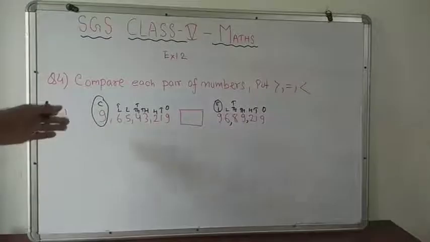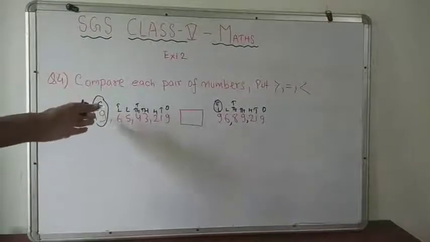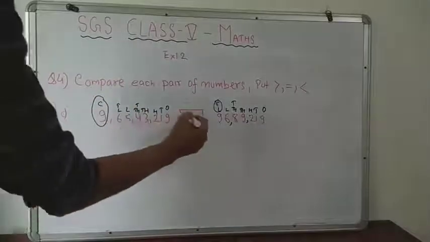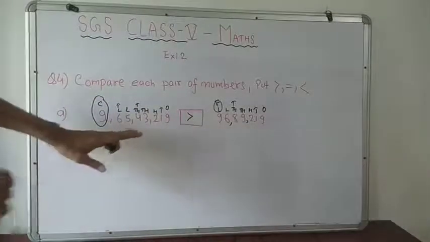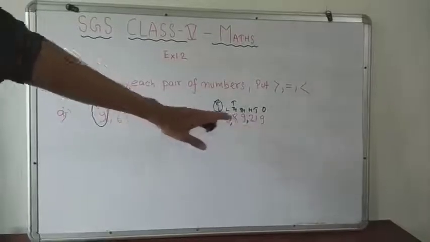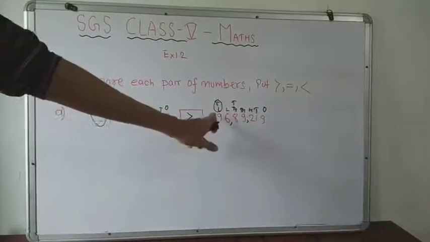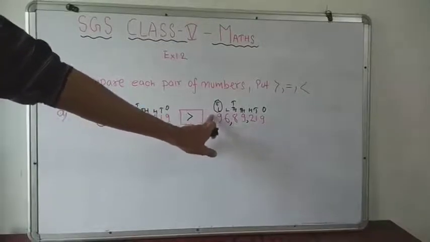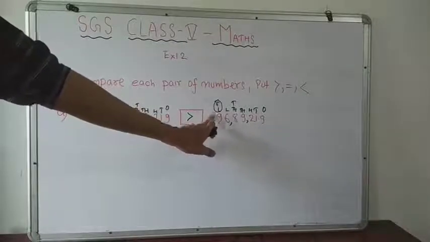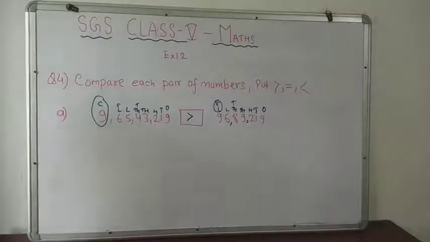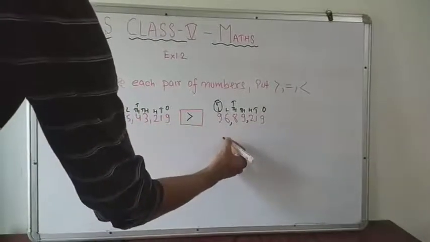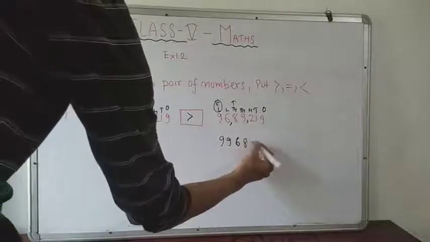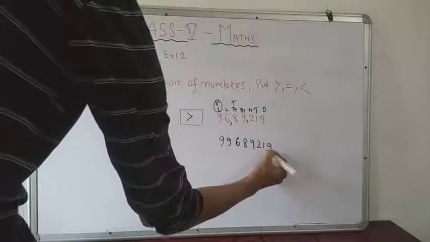So crore is always greater than lakh, so this number is greater than the second number. But suppose one more number is present in front, suppose 9968921.